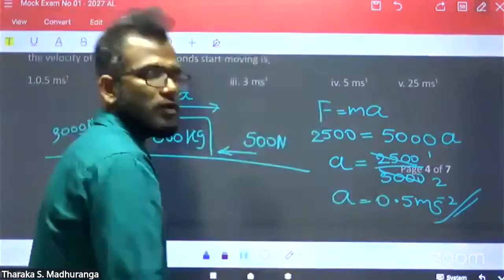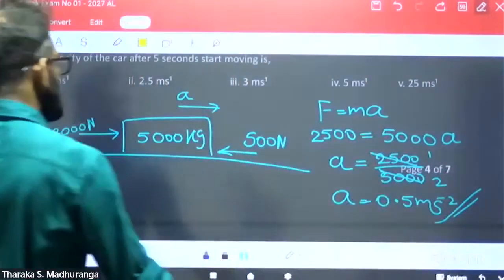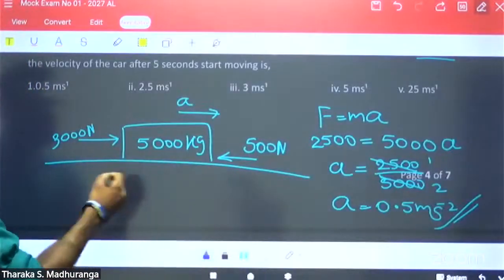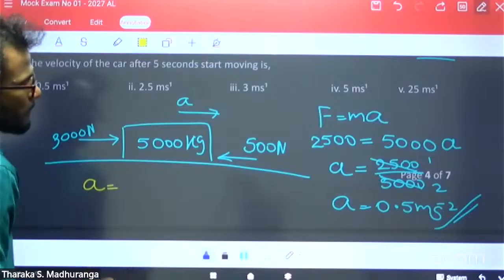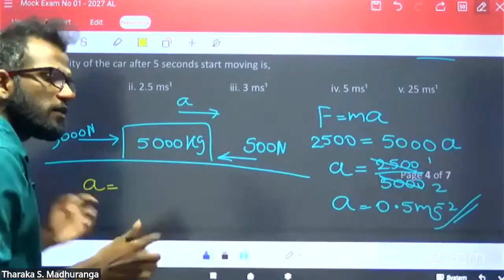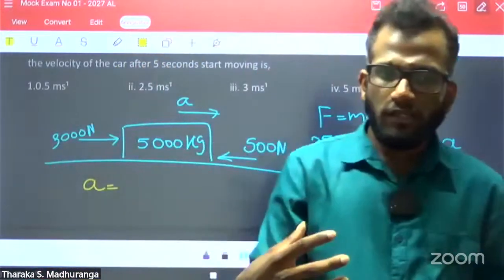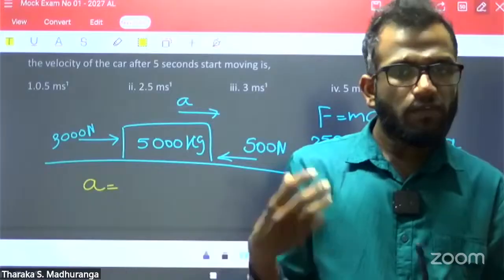Now, what to do? The object is starting from rest. What is the meaning of acceleration? The velocity change within unit time.